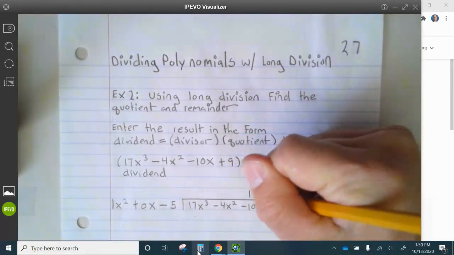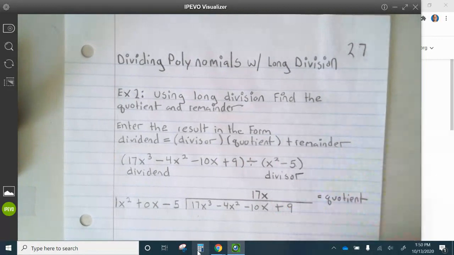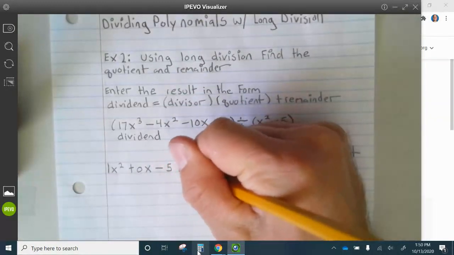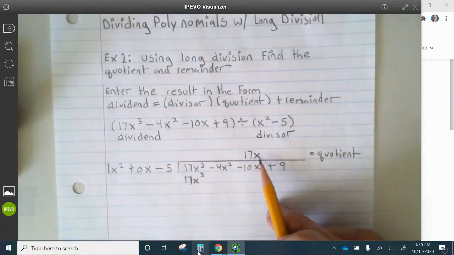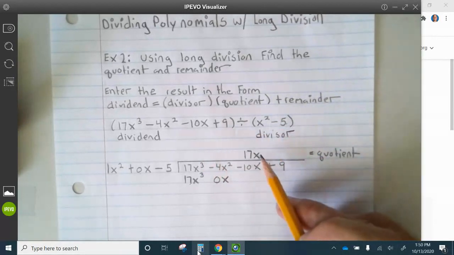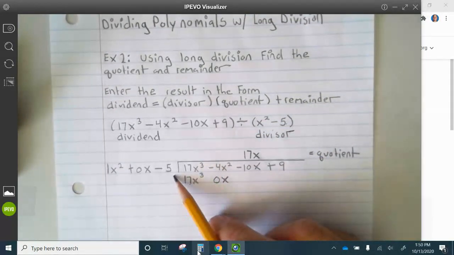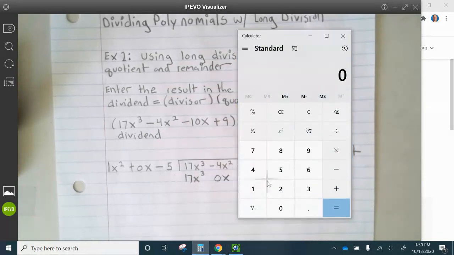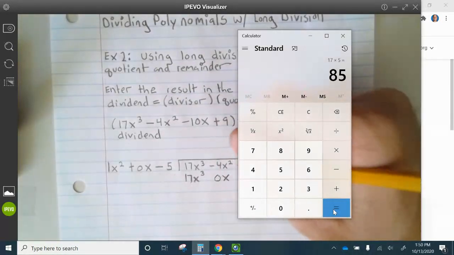Now let's multiply. 17x times x squared is 17x cubed. 17x times 0x is 0x. 17x times negative 5, and let me just use a calculator real quick. Let me just do 17 times 5.